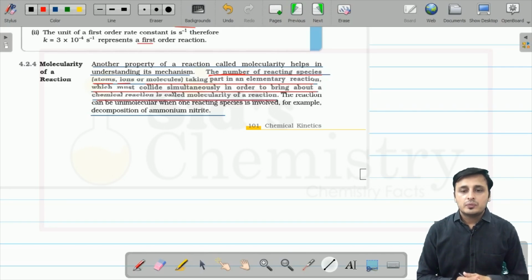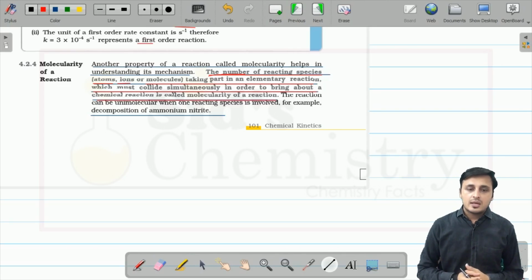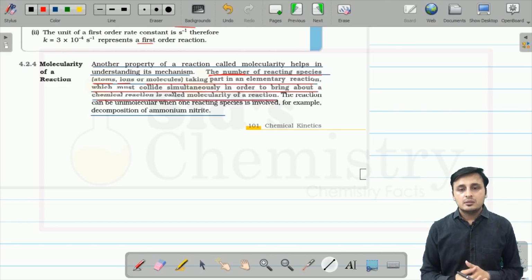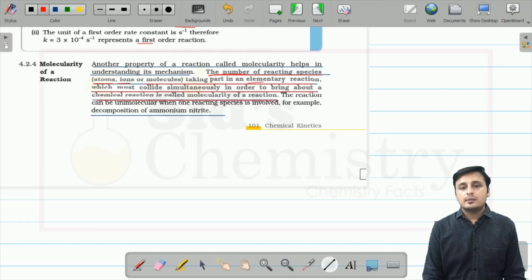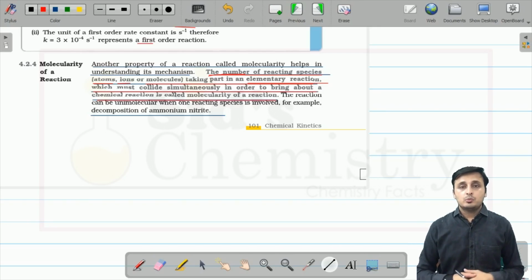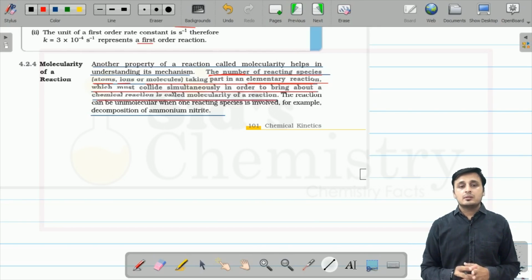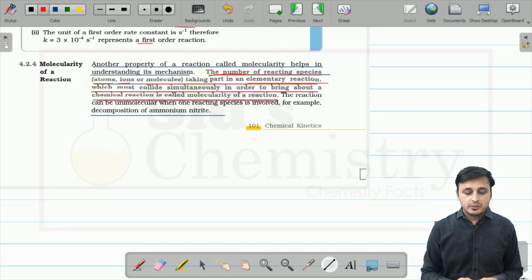Very important to underline elementary reactions.